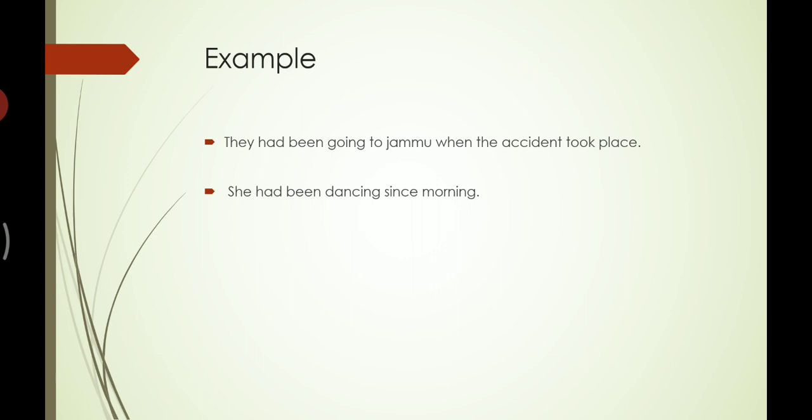This is the basic difference between past continuous and past perfect continuous tense. In spoken English, we usually use past continuous instead of past perfect continuous tense. But if we want to emphasize the duration of time, we always use past perfect continuous tense instead of past continuous tense.